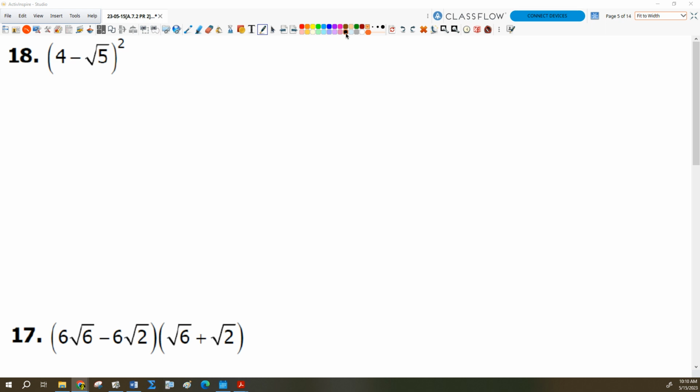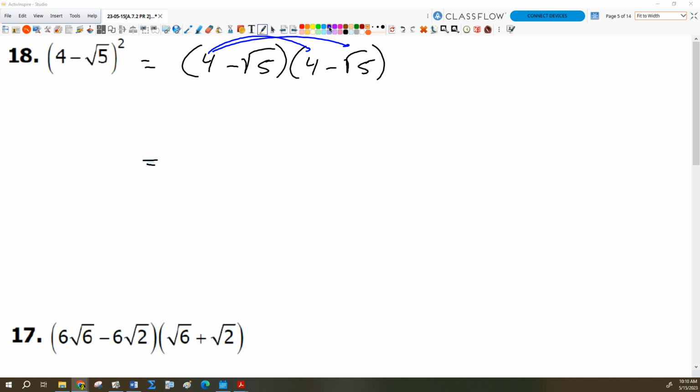That's fine. We could rewrite this as a product and FOIL it. That's fine. So if I FOIL this out, if I distribute the 4, what am I going to get?